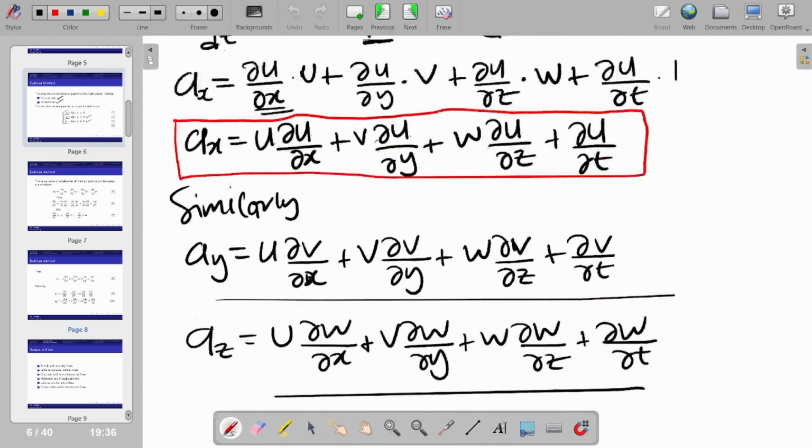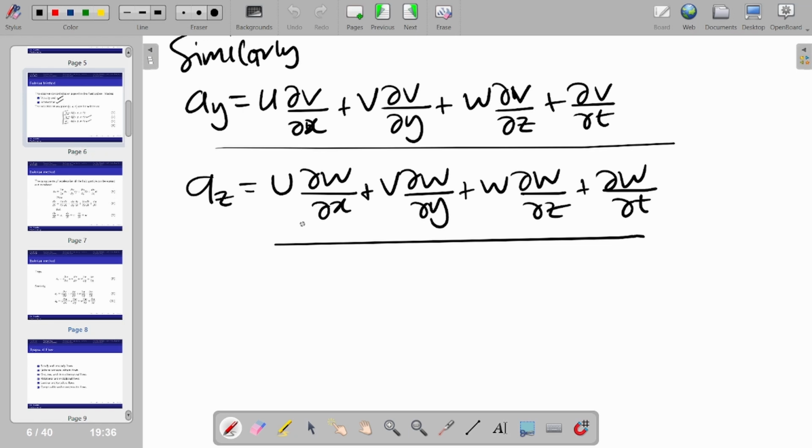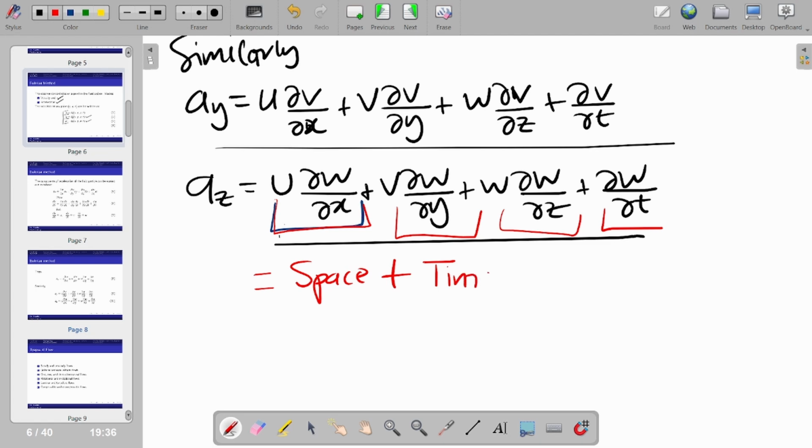Look at this. These components that we found here, the first 3 terms, let's concentrate on this one. This term here, this term here, and this term here, they are all talking about space, plus the last term is talking about the change with respect to time.